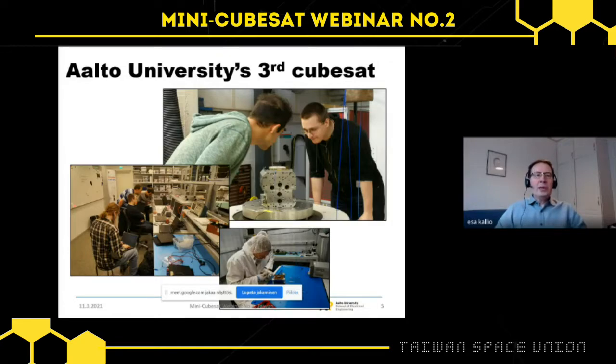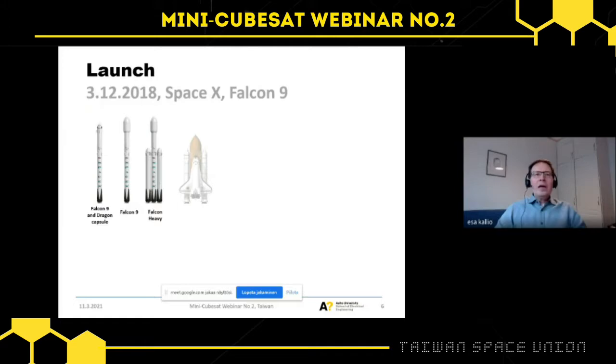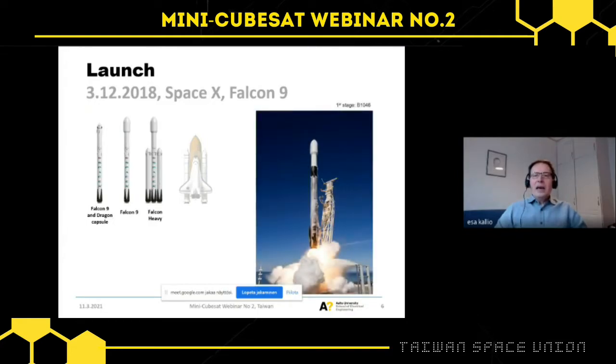Here you can see students who were involved in Suomi Sata, and you can see the Suomi Sata spacecraft at the bottom. It was launched in December 2018 in California on a Falcon 9. Maybe you know that there is a growing trend to use recycling also in space devices.